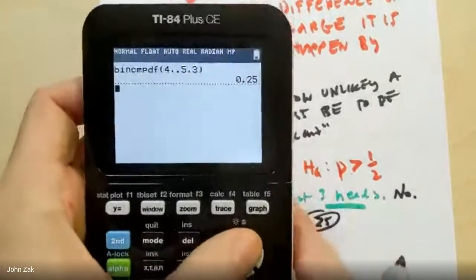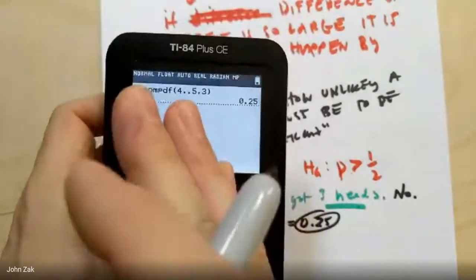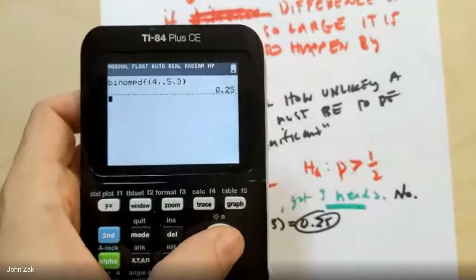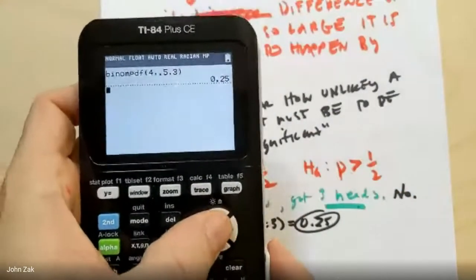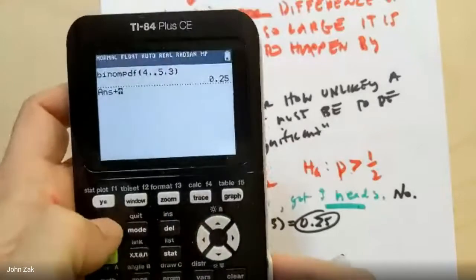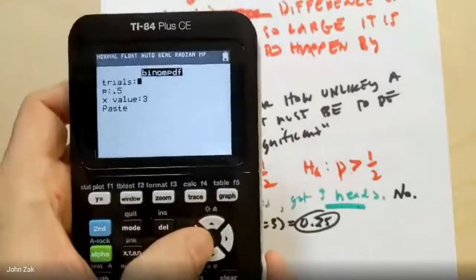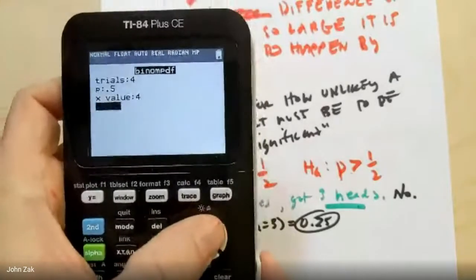And that's not even considering the definition of a p-value of something like this, or even more extreme in the direction of the alternative. Technically speaking, I would have to add to this the probability of rolling 4 out of 4 based on the definition of a p-value. Boom, there's 4 out of 4, right?